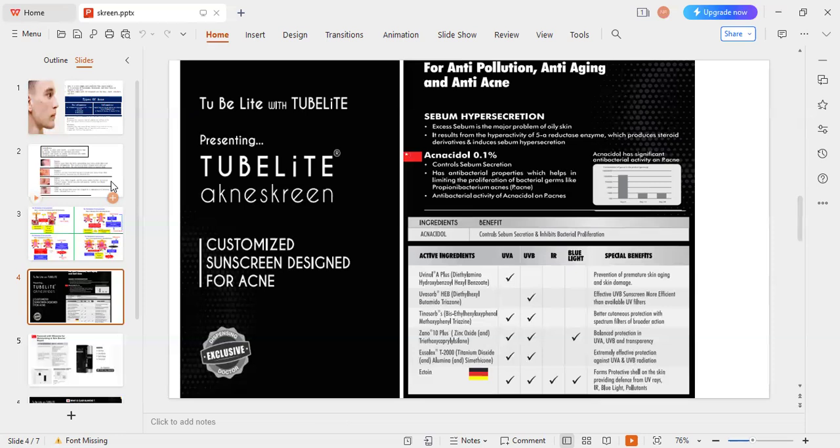Then we have Uvasorb again against UVA and UVB, and Ictoin is there, which gives protection against every kind of radiation, whether it's UVA, UVB, infrared, or blue light. So it is forming a shell around your skin, providing defense from all kinds of ultraviolet rays, infrared rays, blue light, pollutants, and everything.